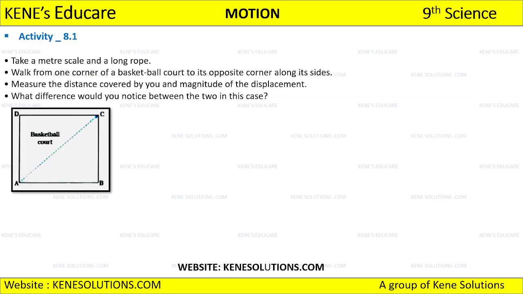After this, we discussed activity 8.1. Here you should be able to explain the observation, conclusion and explanation.